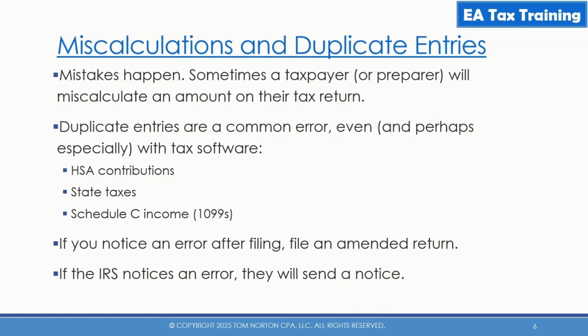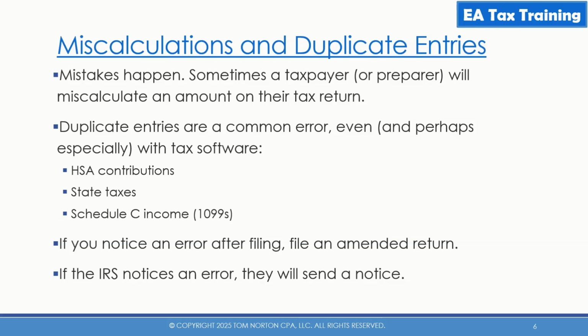So for example, if you have a client who is making HSA contributions, health savings account contributions through work, and maybe their employer is also making contributions, that is going to be reported on their W-2. So if you go into the software, put in all the amounts from the W-2, then you go to the separate HSA screen, and you then put in the amounts again that your client contributed to that HSA, you're going to have a duplicate. So that's the type of thing you have to look out for.